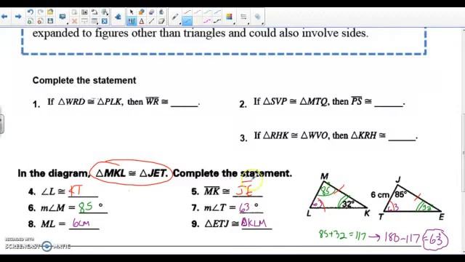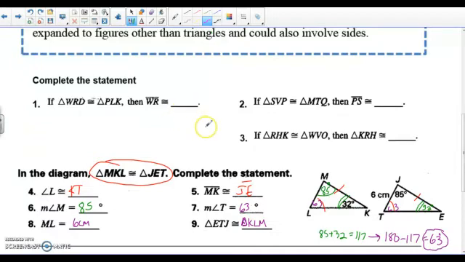All right, so take a minute and see how you did. If you need to pause and look at my work, you can. But here's the key to this question. I was able to figure out the missing angle for angle T by subtracting from 180, and then angle T matches up with angle L, angle J matches up with angle M, and that's how I filled in numbers 6, 7, and 8.